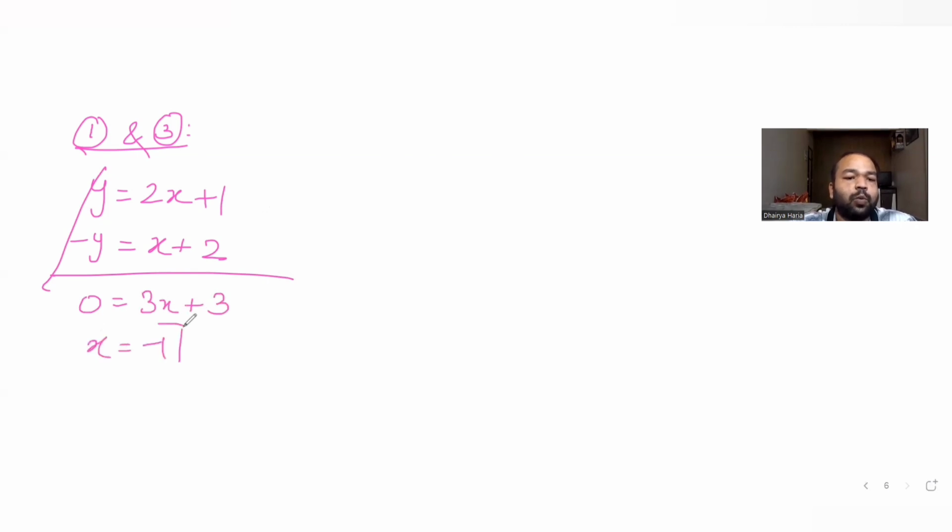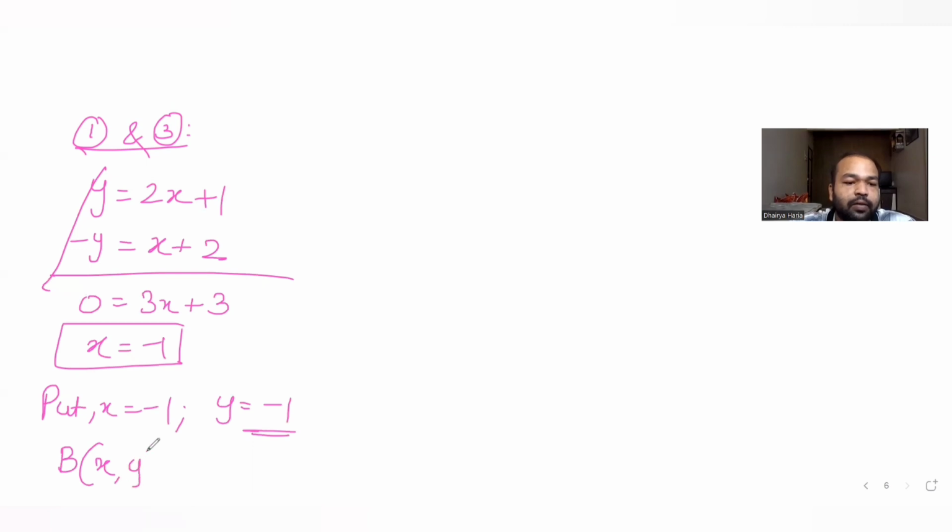X becomes minus 1. You put x as minus 1 in any of the two equations above. So if I put x as minus 1 in the first equation, you get y is minus 2 plus 1, because 2 into minus 1 is minus 2. So you get the second vertex of the triangle, let's say B, that is minus 1 comma minus 1.